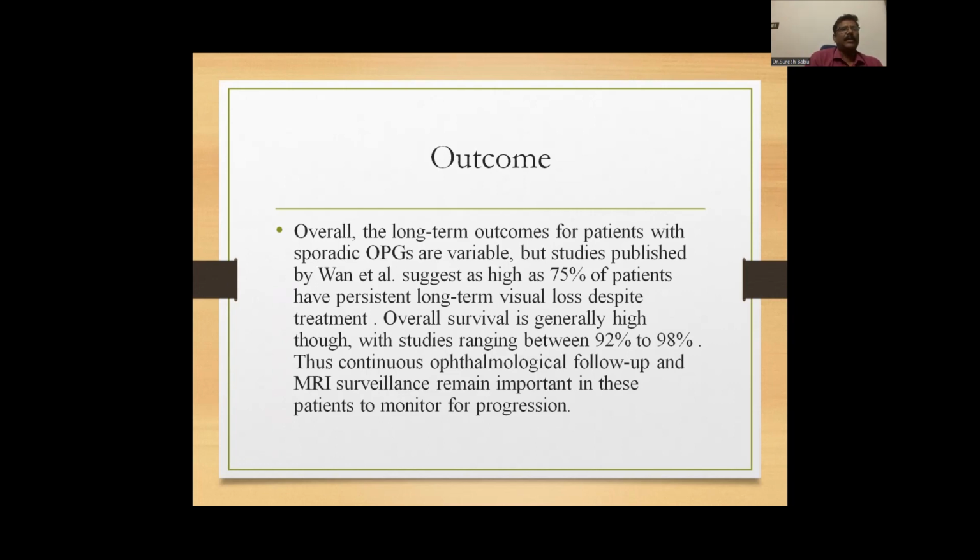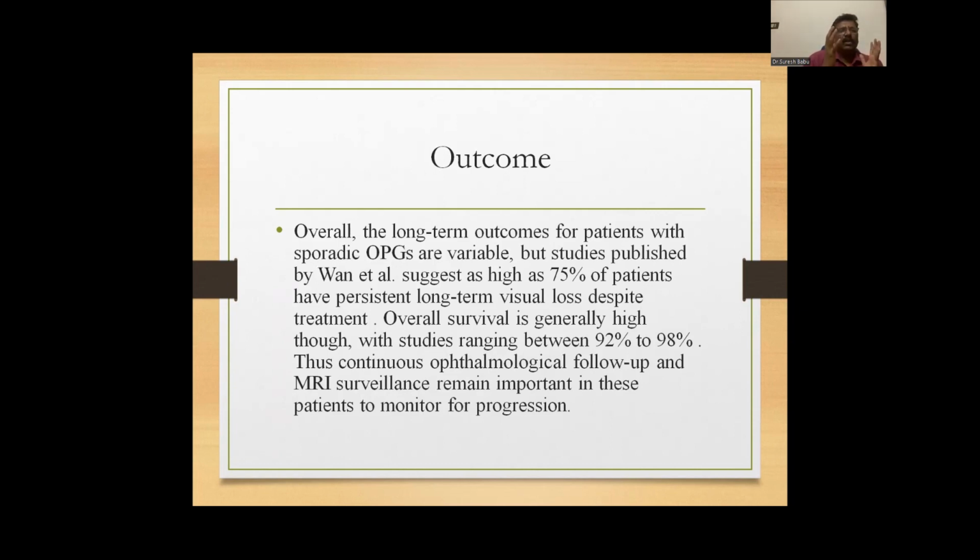So, the outcome. What's the outcome? Overall, the long-term outcome for patients with sporadic optic pathway gliomas is variable. What they say is 70% of the patients have persistent long-term visual loss despite the treatment. So visual loss is persistent in sporadic cases, whereas in classical optic pathway gliomas, the visual loss is not getting worsened.